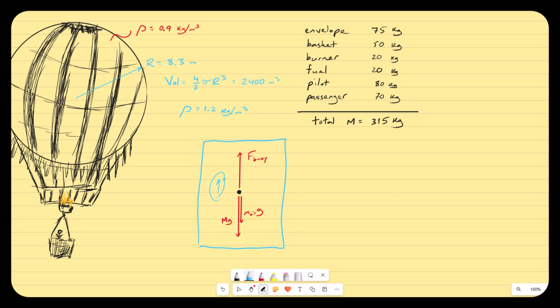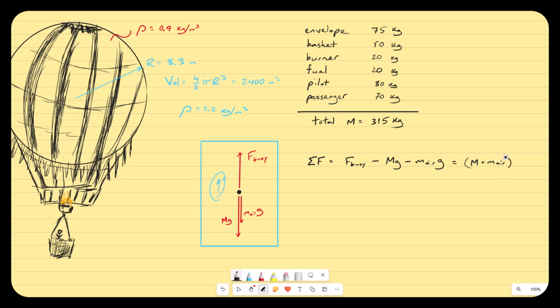And here we go. My sum of forces. I've got this buoyant force up minus mg down minus m air g down equals m plus m air times acceleration.